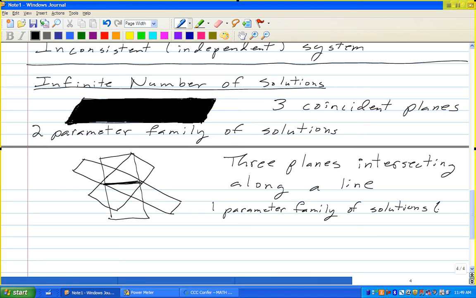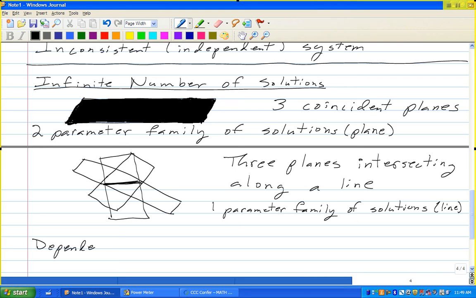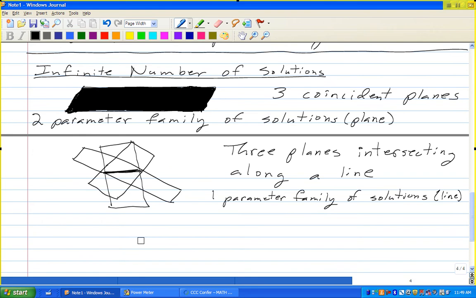It looks like a line, whereas above, this looked like a plane. And so these two cases here, we call a dependent system.